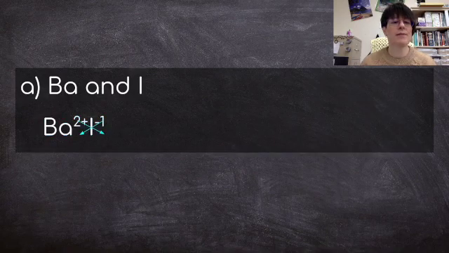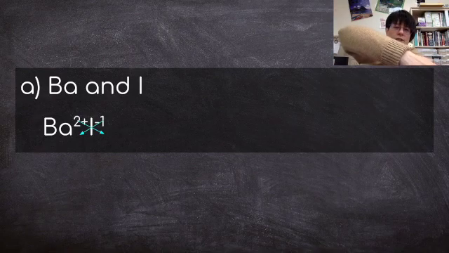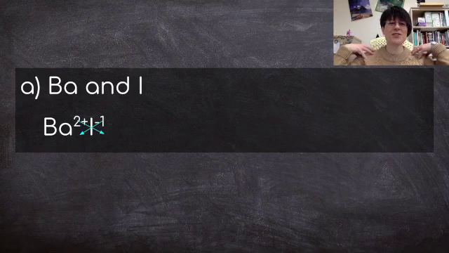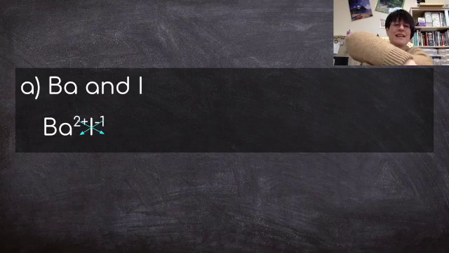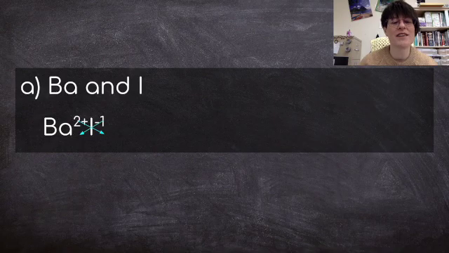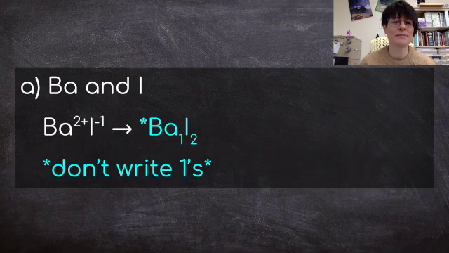The next step is to crisscross. Think of my shoulders as those charges. I'm going to crisscross them and drop them to the opposite corner, next to the symbol for the other atom, and I'm going to take the absolute value of it.